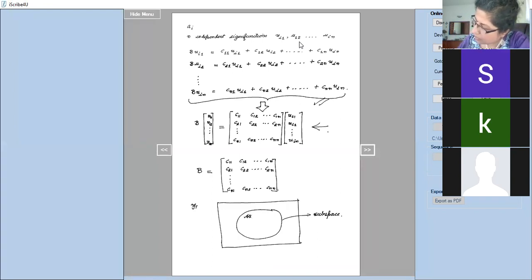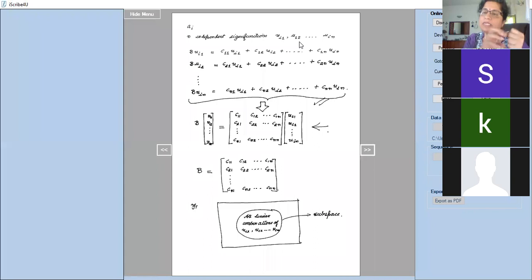of ui1, ui2, like that till uin. Did you understand this? You have a full vector space.